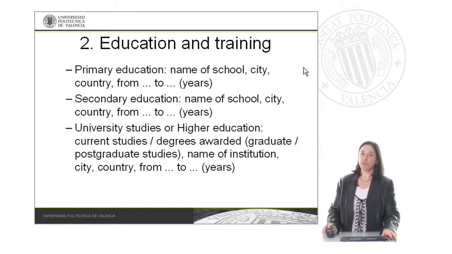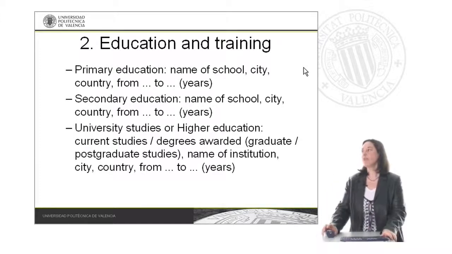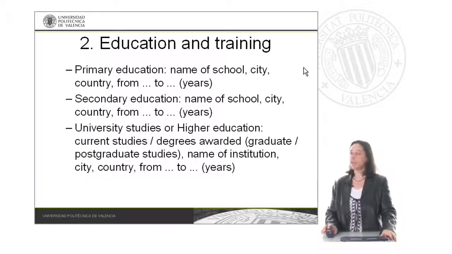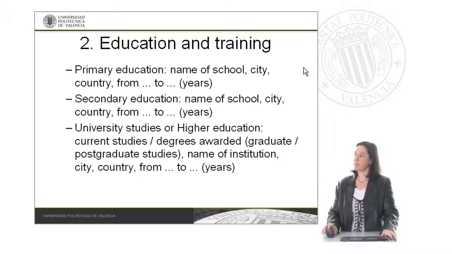The second section to include would be the information referring to education and training. And we can include information on all stages of our education, starting from primary education. Okay, so this would be our school education.